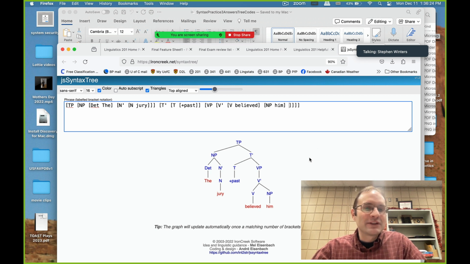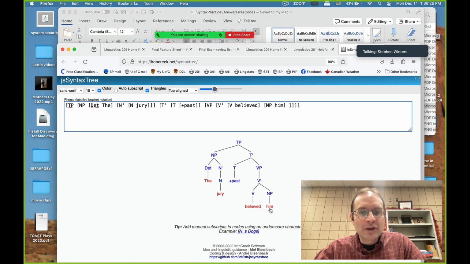The jury believed him. So this is a complete sentence in its own right, and it's just a tense phrase. That's the way we've been describing whole sentences. And we're going to try to embed another sentence inside this verb phrase, except where we have an NP here, it's going to be a complementizer phrase.